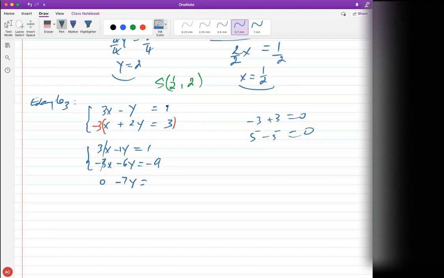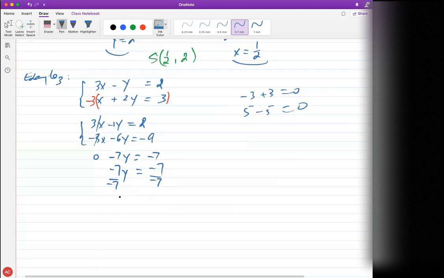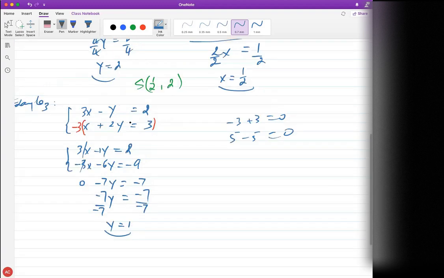Let's make this a 2 just to make things simple. So 2 minus 9 is -7. So -7y equals -7. Finally, if you divide by -7 on both sides, y would be 1. That's basically half of the answer.